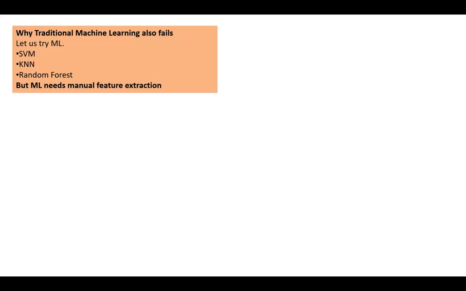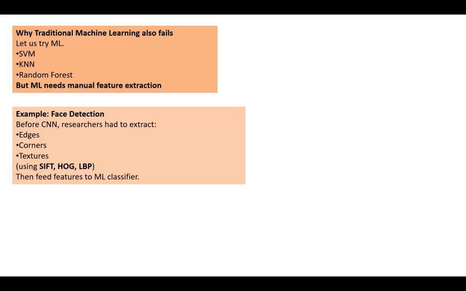Next, why does the traditional machine learning model also fail in image processing? You would have tried SVM, KNN, random forest. These are classical traditional machine learning approaches. But the problem with these models is that they need manual feature extraction.